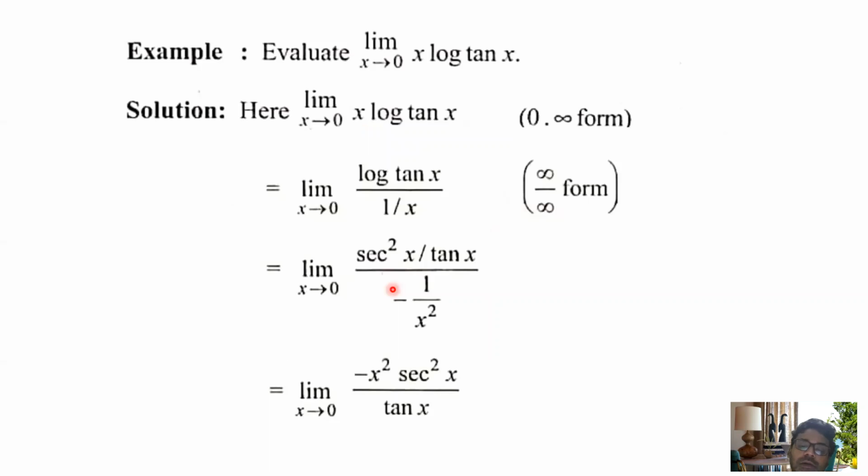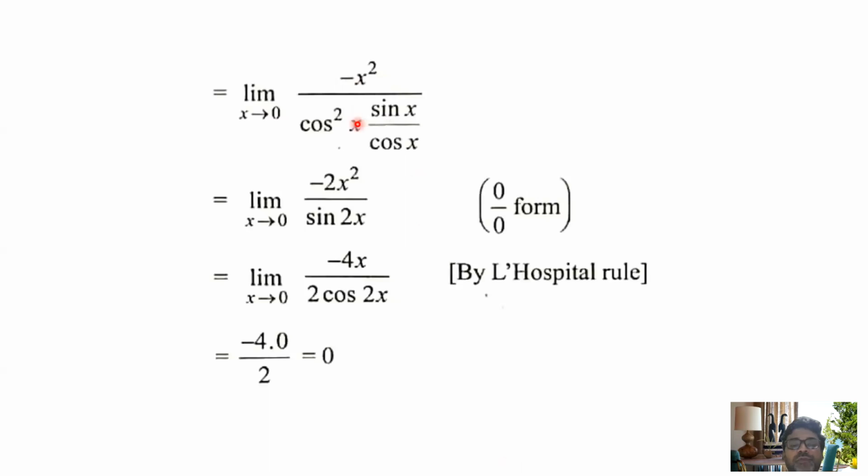So here you can write directly 0 by 0. Suppose you have a question in your mind: sir, can you start from here with 0 by 0, again using L'Hospital rule, differentiation? Always remember that if you have a simplified form, it is very easy to differentiate. That's why in this problem I simplified this further.